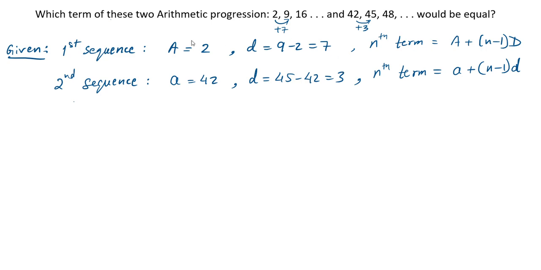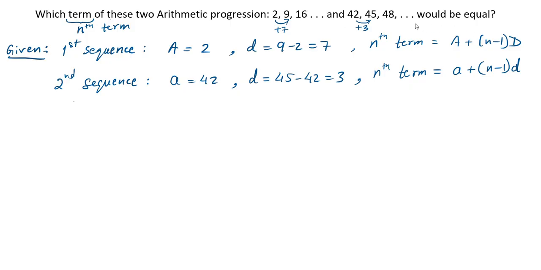So since we don't know, we are taking that term as n, right? Which term? The nth term. So we are considering that the nth term of these sequences are going to be equal. We already have how their nth term will look like.